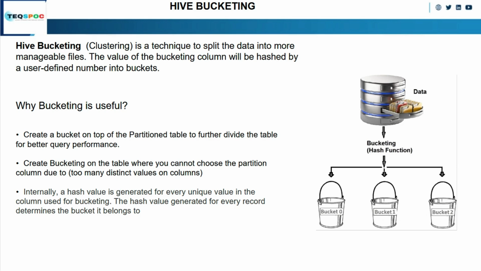Suppose I have a column whose values are not repetitive and has a lot of unique values. For example, if I consider the event date or a timestamp for partitioning a table, for each timestamp or even each day there will be say two or three records.